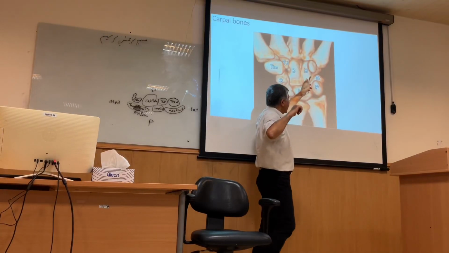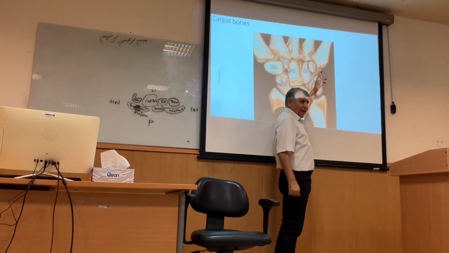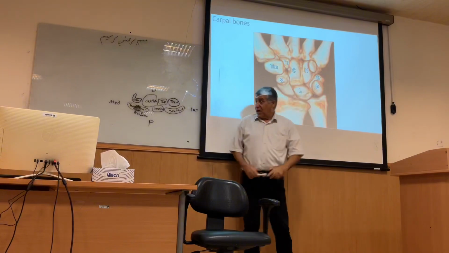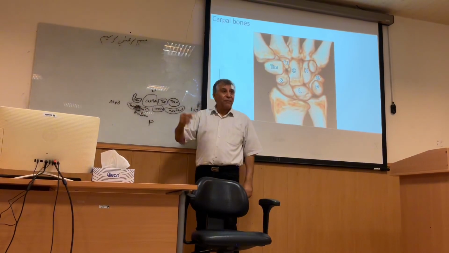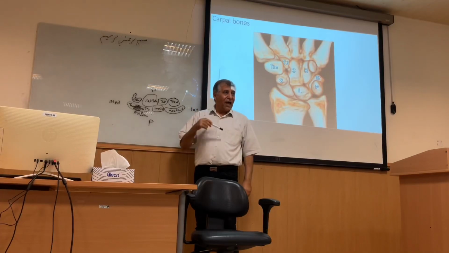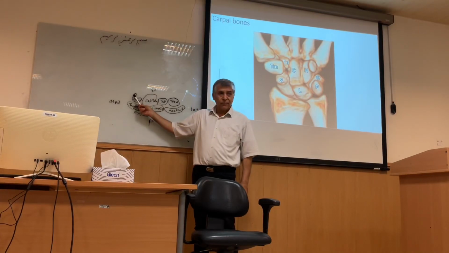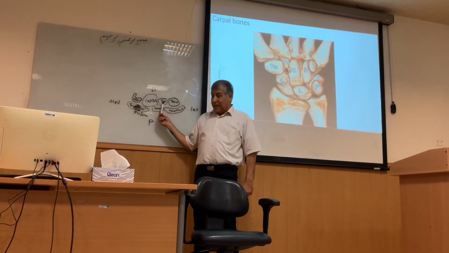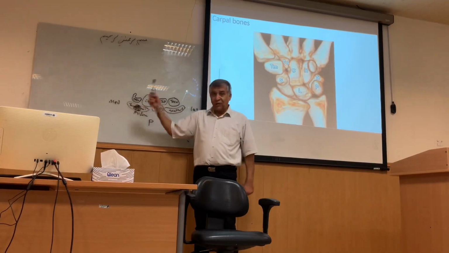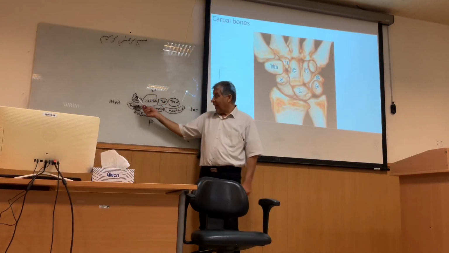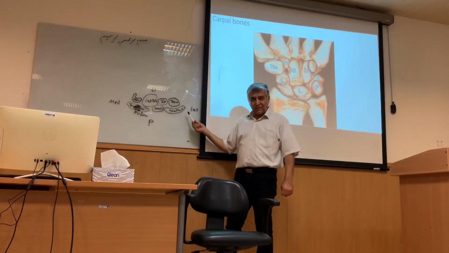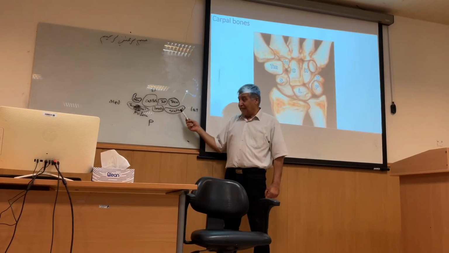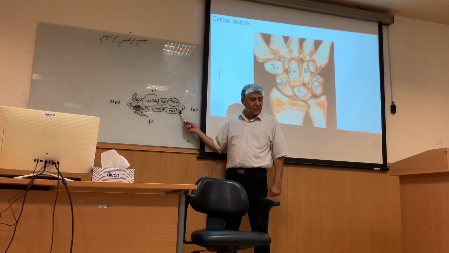Hamate has a hook. Hamate has a hook. I try to show it. Hamate starts with H, has a hook. On the medial side, two structures are important: hamate and pisiform. On the lateral side, scaphoid has a tubercle.